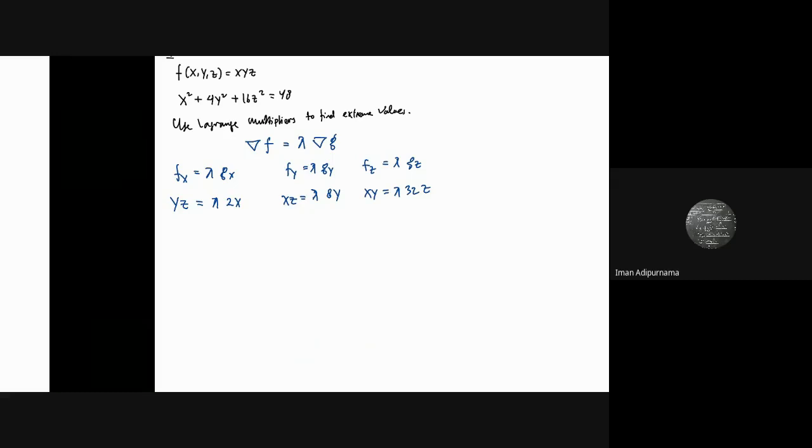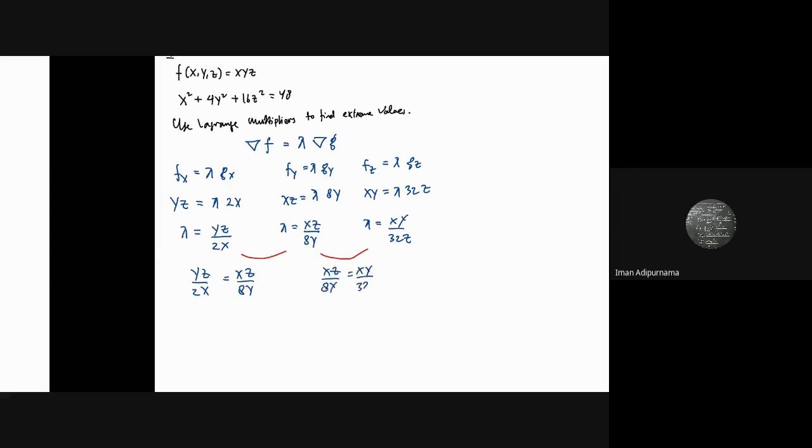Okay, now what we can do is try the same thing as before, but here I want to solve each for lambda. All will be lambda. So I can take equations from all of these. I can take yz over 2x is equal to xz over 8y, and xz over 8y is equal to xy over 32z.